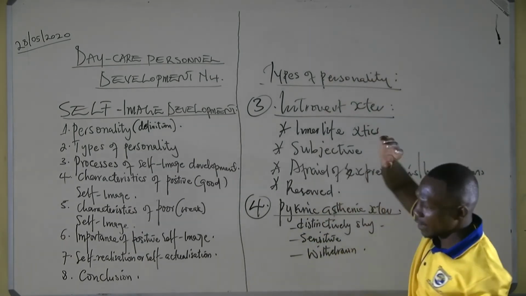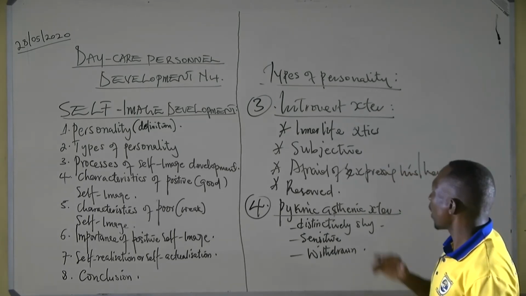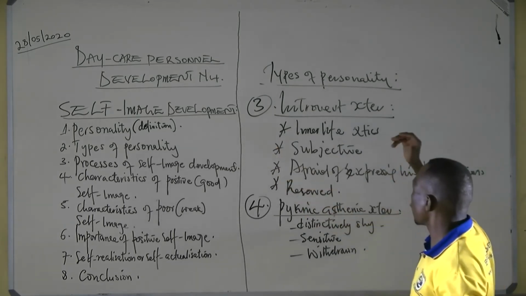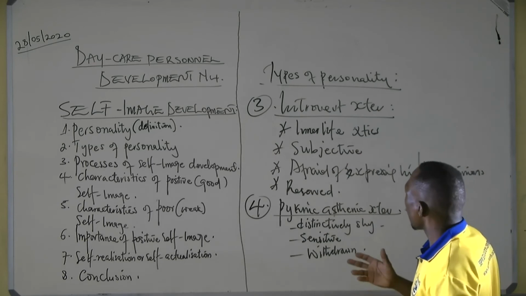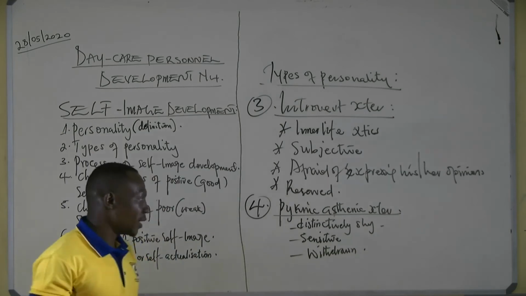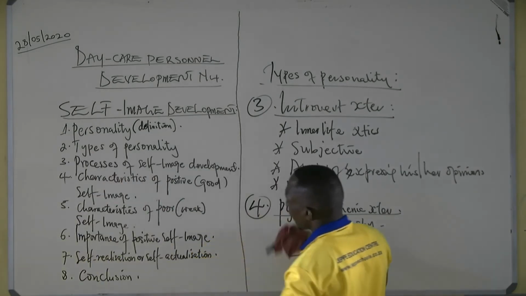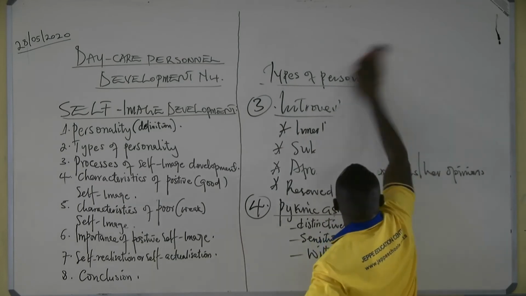So these are the 4 types of personality, especially according to the 2 gentlemen, one of them is Dev4 and Dev4, who wrote a book and produced it in 1993.